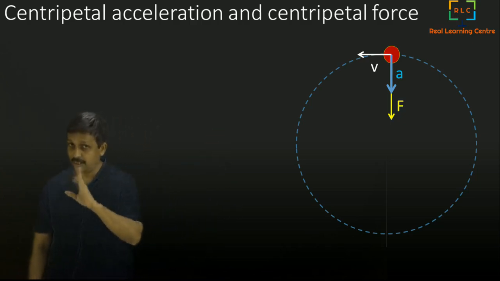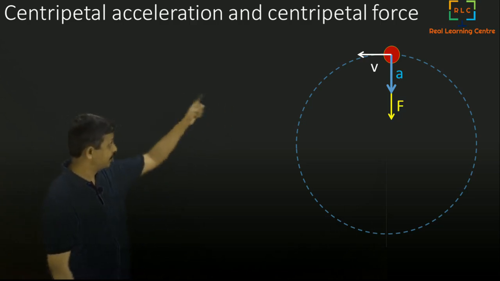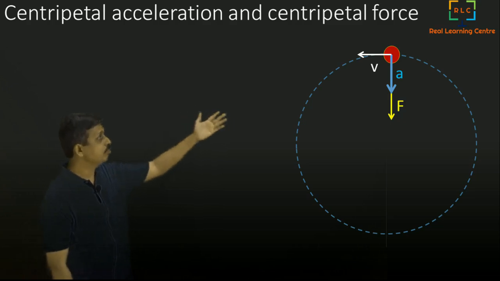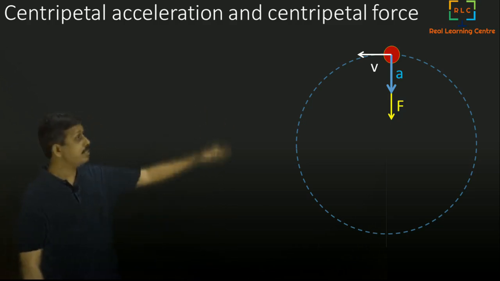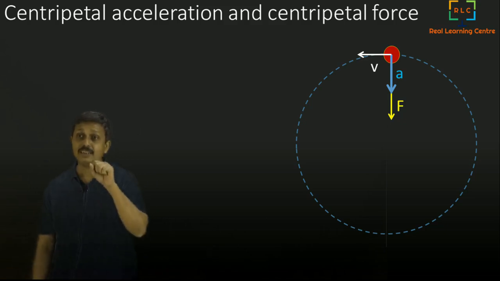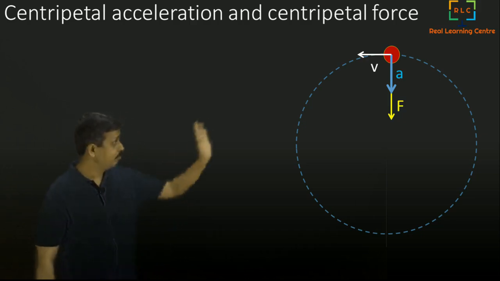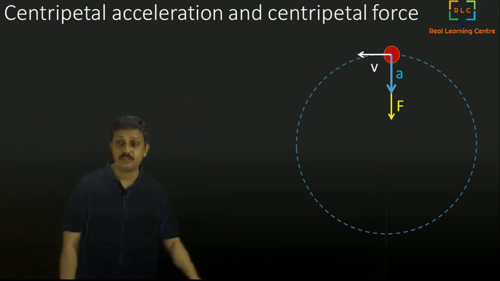However, remember that our linear velocity is not towards the center. It is in this direction, tangential to the circle. It is perpendicular to the acceleration. Whenever velocity and acceleration are perpendicular, it's a very strange thing. Velocity is in one direction, acceleration is perpendicular to that.